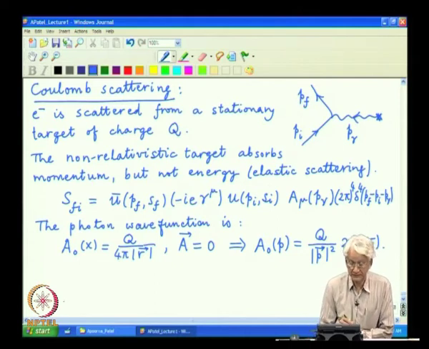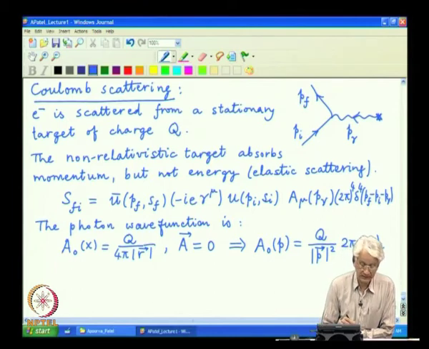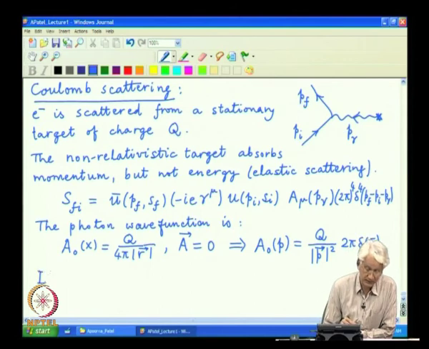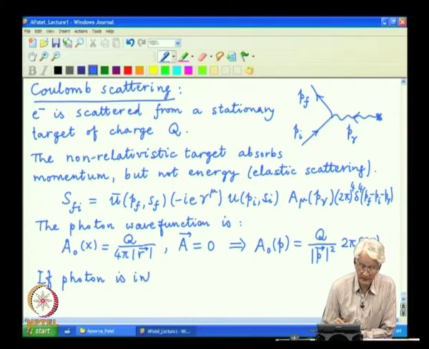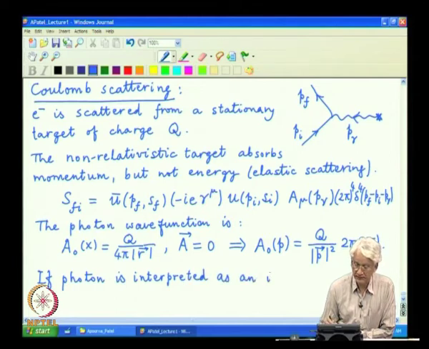Another way of looking at this calculation is to interpret the photon as an internal line.